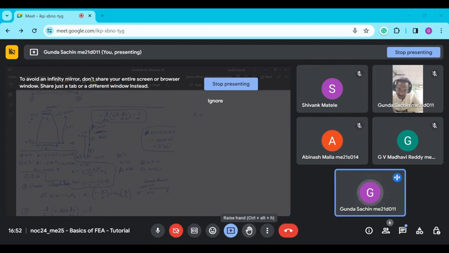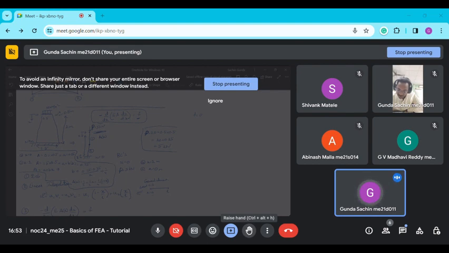We want to simplify it into a 1D problem, so we made it a 1D bar, keeping in mind that area is a function of x, that it changes with length. In 1D the distributed load becomes a concentrated load, which is the area times the distributed load, which is 5 kilonewtons in this case.